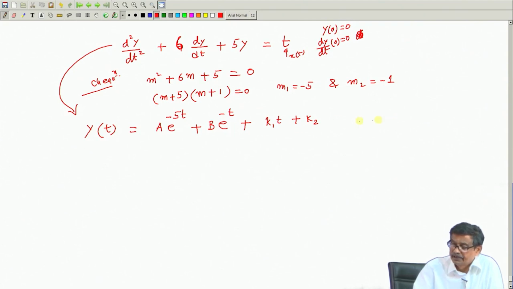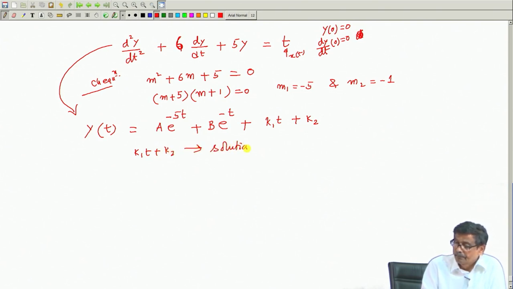Here everything is finished. Then I will say that k1 t plus k2 is the solution due to the forcing function.